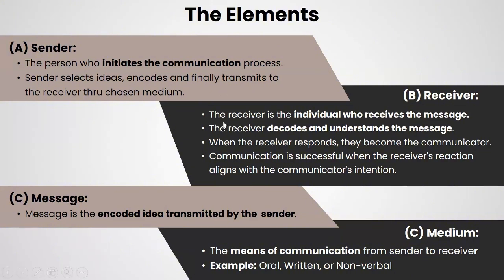So the sender is the one that initiates the communication process, and the receiver is the individual who receives the message, the one who decodes the message, interprets it to understand it. Those codes, the nonverbal communication that has been shared, the verbal communication shared. So the receiver interprets these.